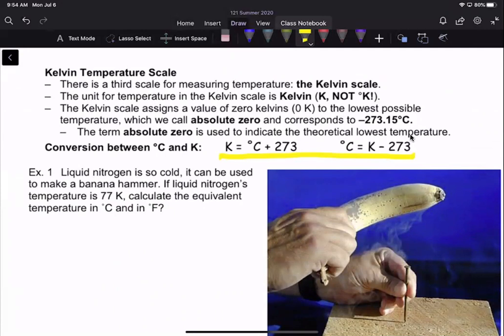So let's take a look at this one. We're going to go from Kelvin. First, let's go to Celsius. How many degrees Celsius is 77 Kelvin? Using this equation, we'll subtract off 273.